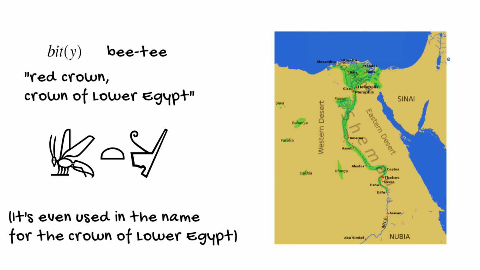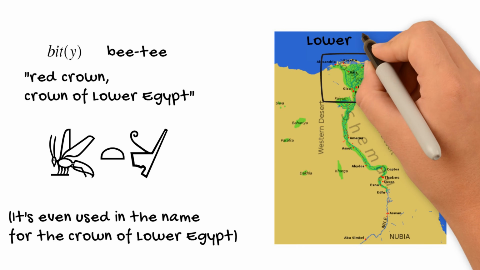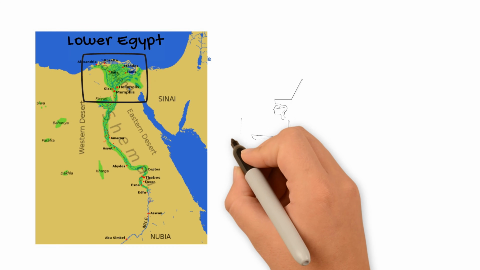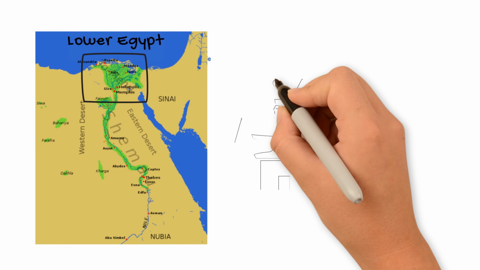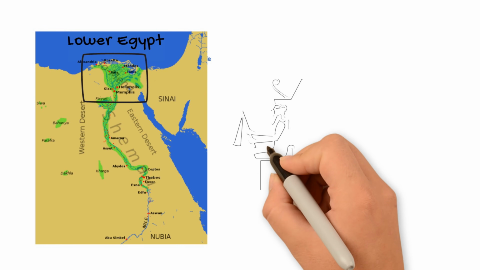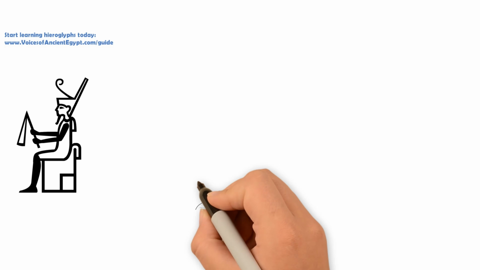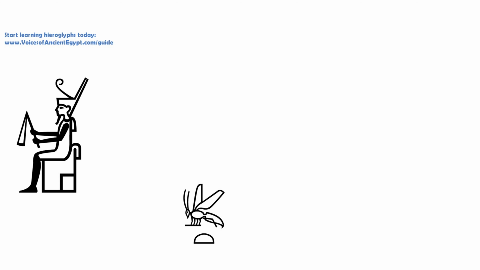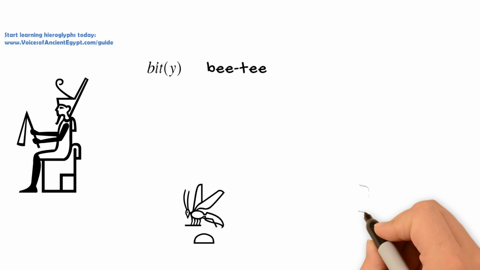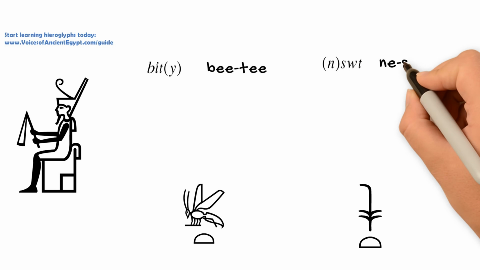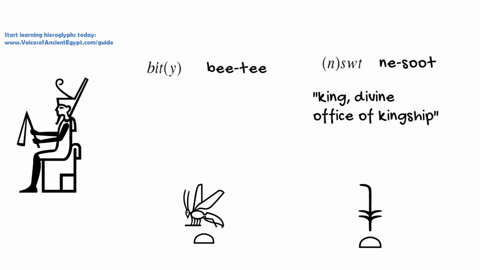However, it is also related to the concept of the current king, that is the one who is actually in this eternal office of kingship. So you have this contrast between Nesut and BT, where one relates to Upper Egypt and also to this sort of eternal office of kingship itself rather than the individual, the almost divine aspect of it.